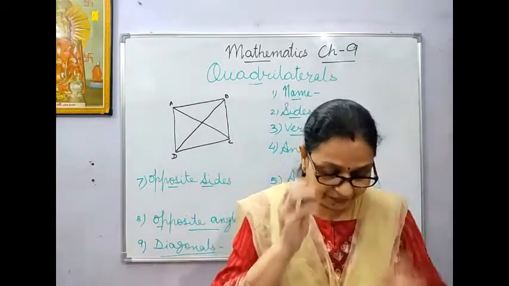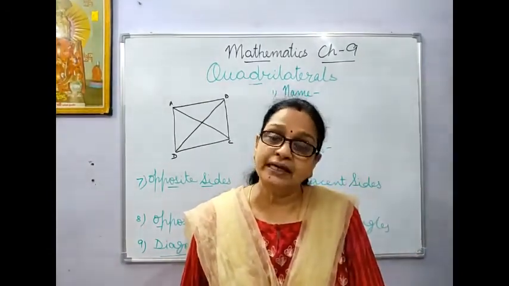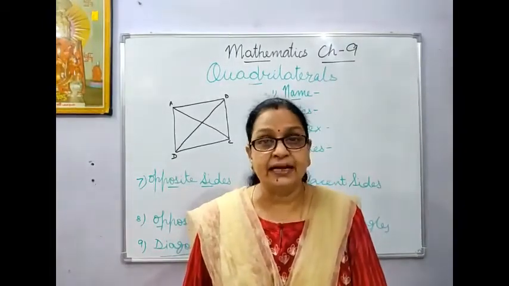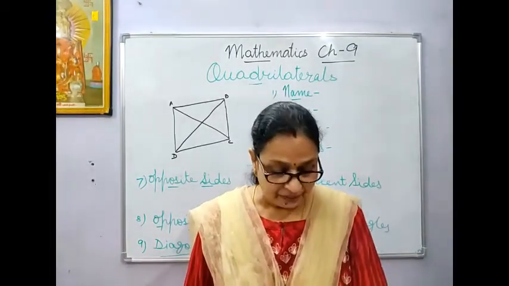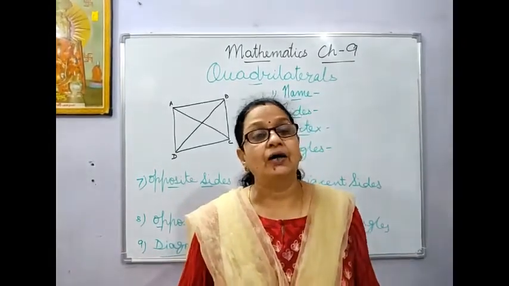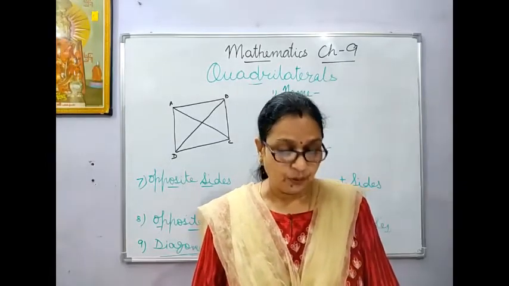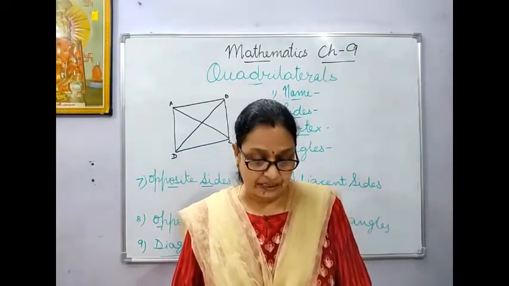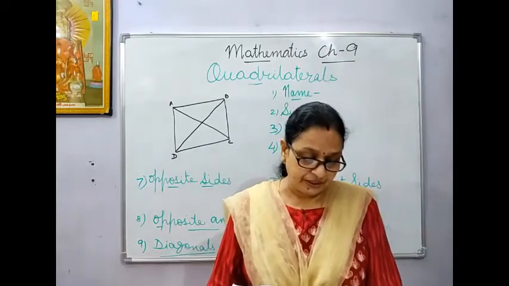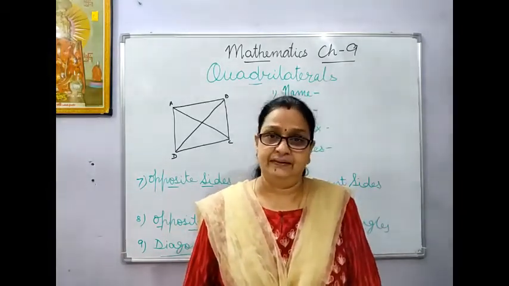A closed plane figure formed by the 4 line segments which do not intersect each other except at their ends, they are called quadrilateral. In other words, a quadrilateral is a 4-sided polygon. The word quadrilateral is derived from 2 words, quadri, which means 4, and lateral, which means side.